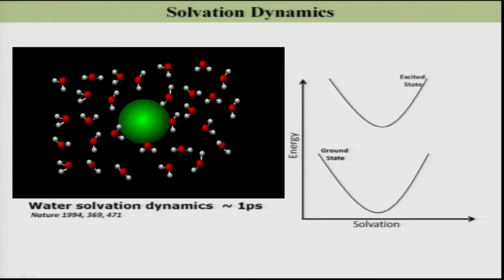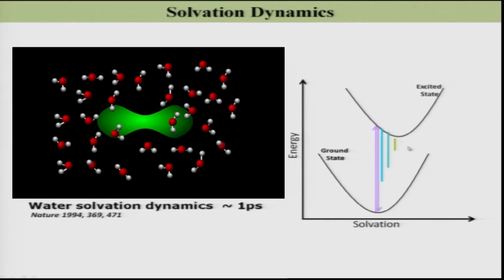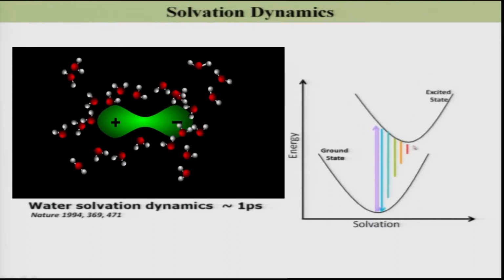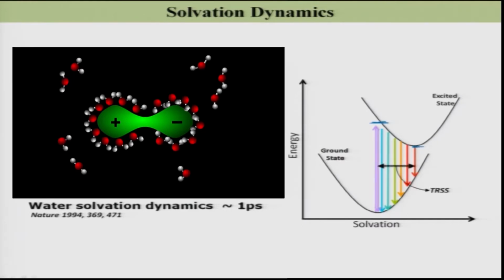If we look at the energy of this excited state, during the solvation the energy will keep on decreasing, and finally it will be fully solvated. So the emission spectrum will start from here and end over here.